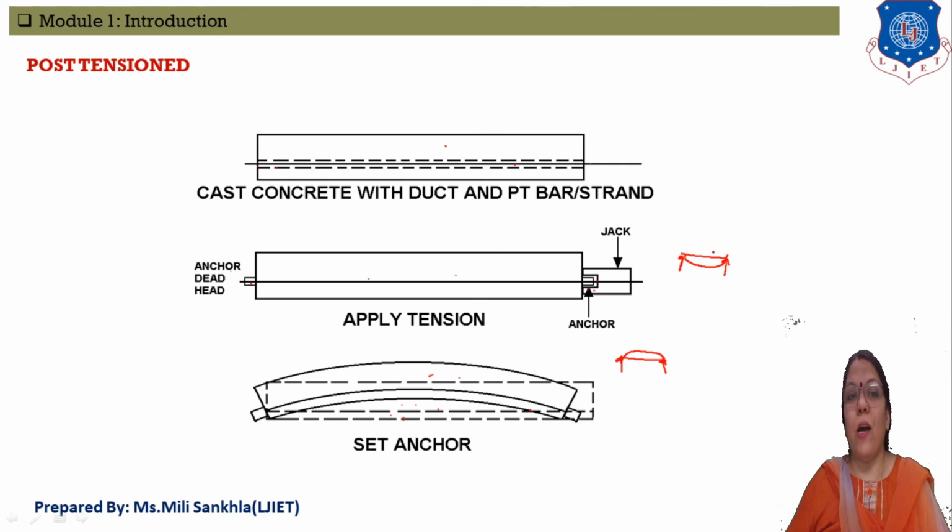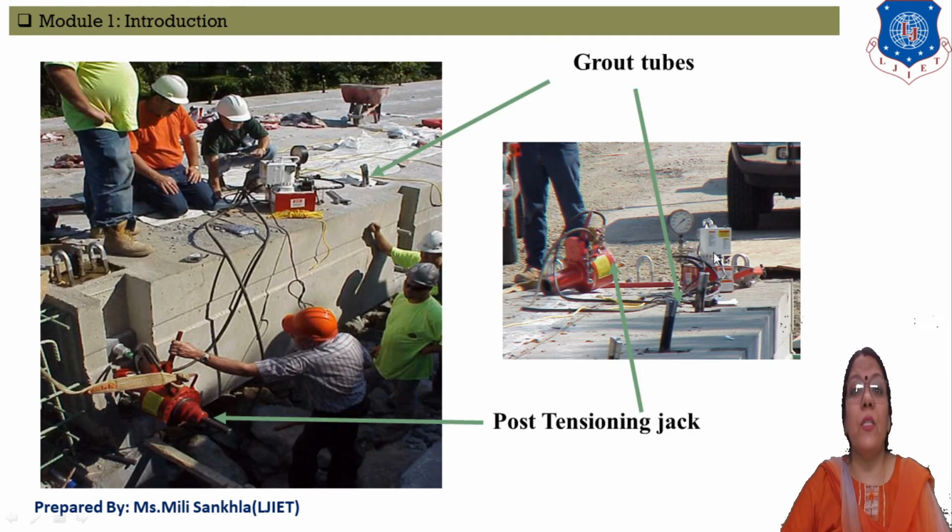Now this is the figure of the second post-tensioning example of pre-stressed concrete. Here a box girder is constructed. After concreting and hardening of concrete, a hollow duct is provided, and the cable passes through this duct.